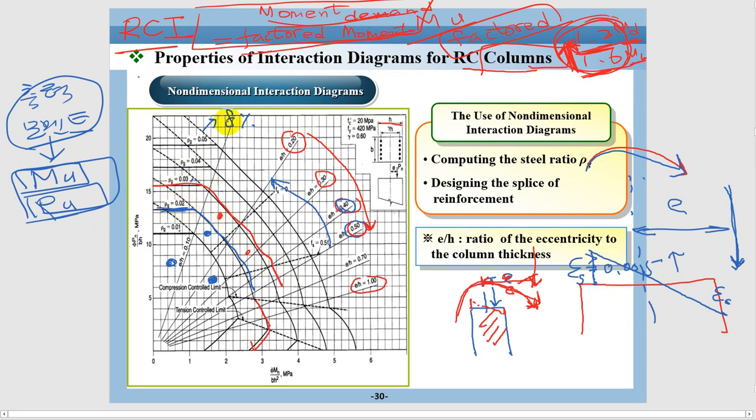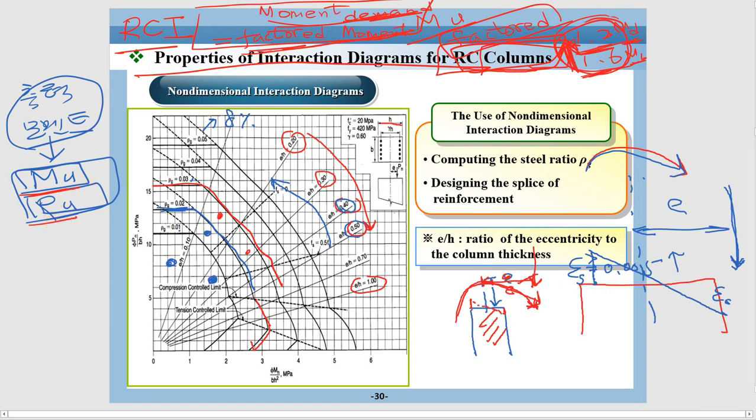So this PM diagrams will help you design RC columns against MU and PU. MU and PU is again the moment demand and axial force demand, or factored moment and factored axial force.